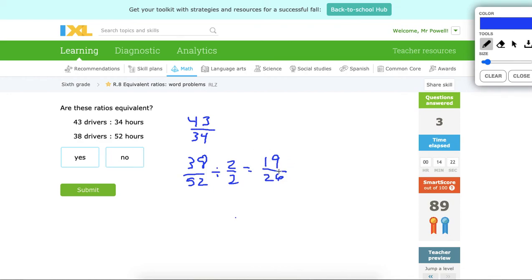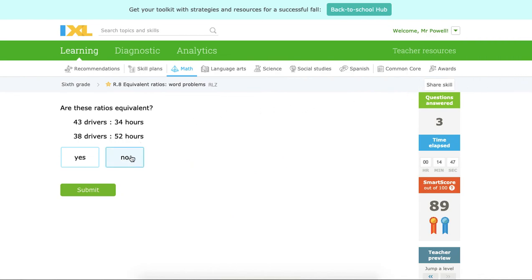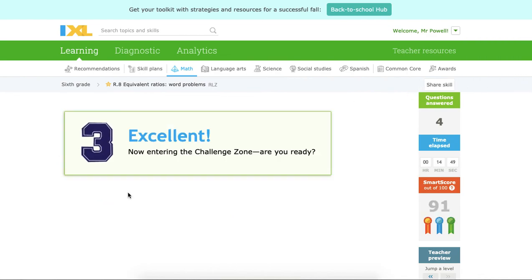So there's no way those could be equivalent, since 19 is a prime number. I mean, this one could reduce down, but we can't reduce the 19 down. So we close this out here, say no on that one, and submit that.